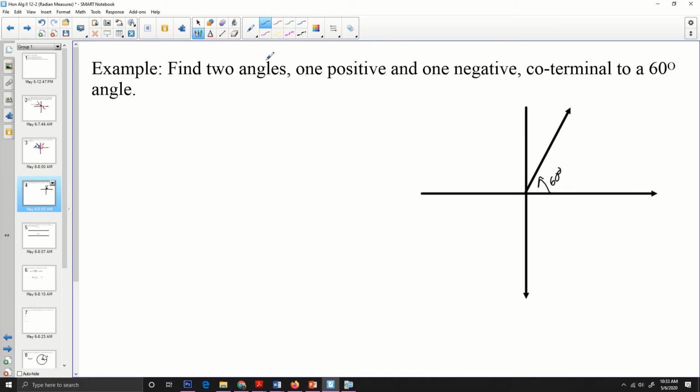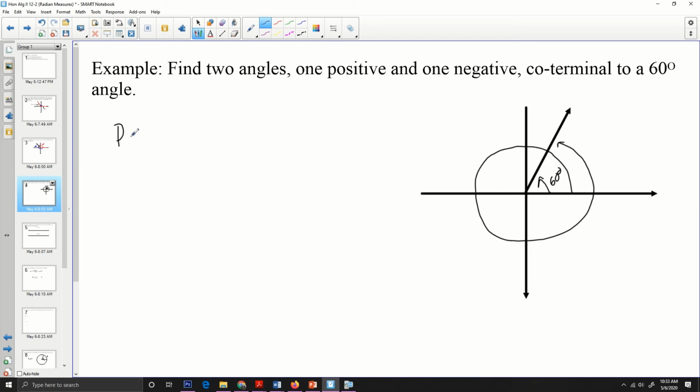Here's how I'm going to do the positive value. I'm going to start in the standard position, go past the original, and then go around until I get back to that original. So this first revolution is 360 degrees, and then an additional 60 degrees to get to the end.